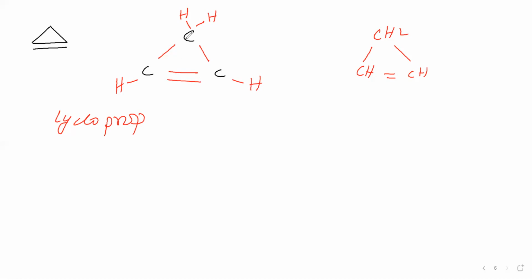When single bond and double bond both are there, you say the name of the C=C double bond, don't say the name of the C-C single bond. Therefore the C=C double bond name is ene. So this name is cyclopropene. Cyclopropene is the name of this one. Okay. Next compound we will take.